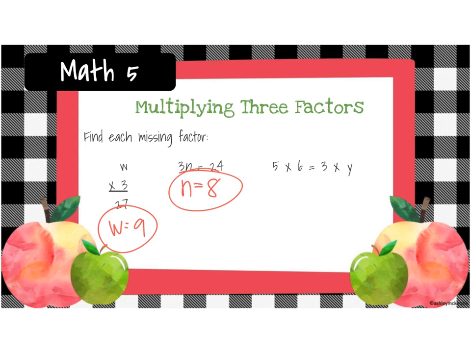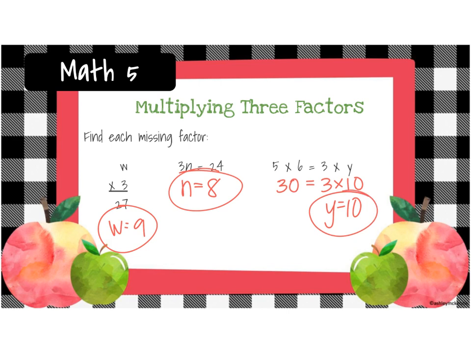Can you use your multiplication chart? Yes. You have it. Use it if you need it. 5 times 6, what does that equal? 30. So 3 times y, 3 times what equals 30? Yes. So y equals 10.